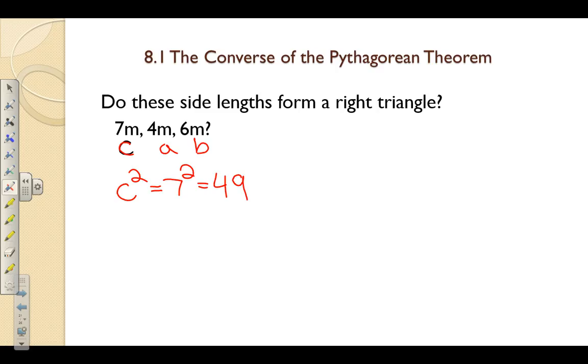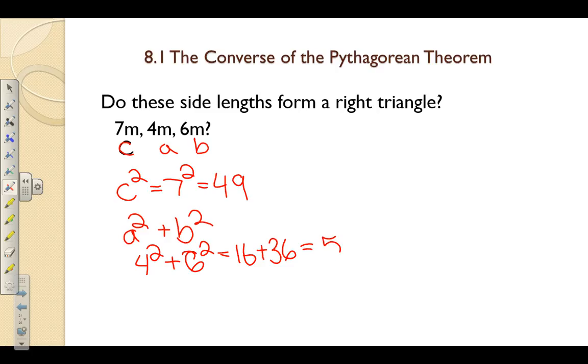And then a squared plus b squared equals 4 squared plus 6 squared, so 16 plus 36, which gives us 52. So is this a right triangle? Does 49 equal 52? The answer is no. So it is not a right triangle.